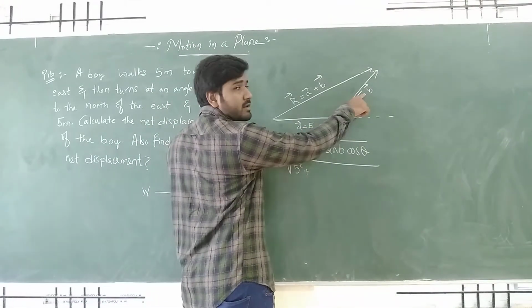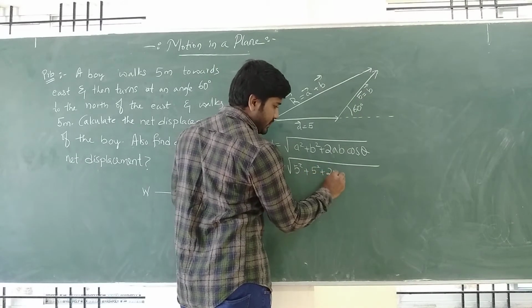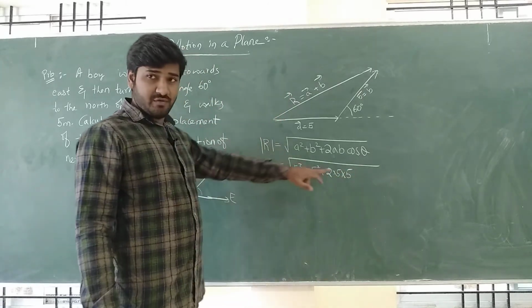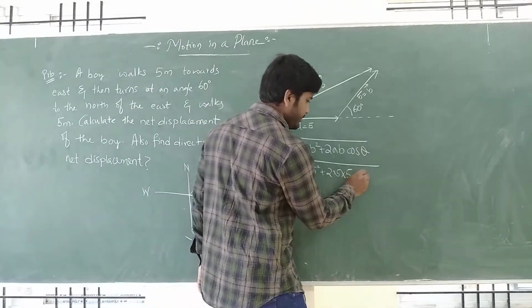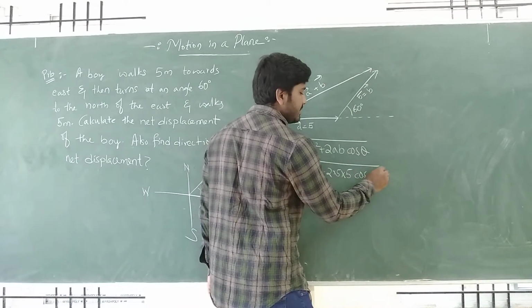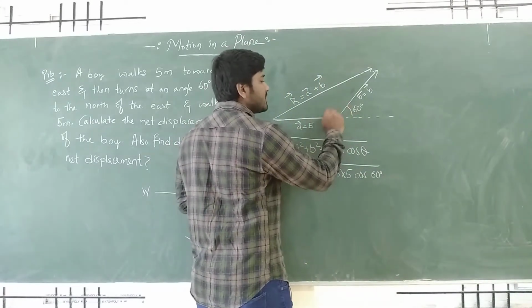What is B? 5, again 5 square plus 2AB, 2 into 5 into 5 cos theta. Theta is how much? 60 degree.